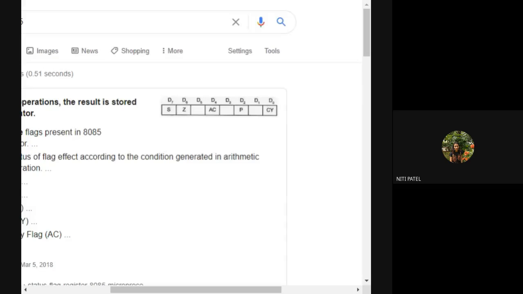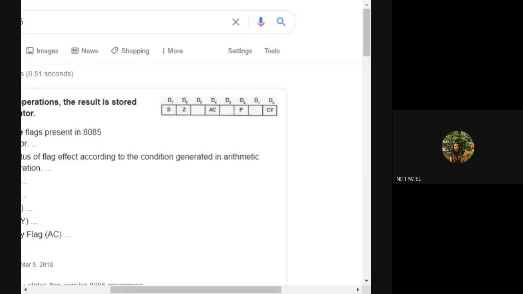Okay. Now last, can you see CY carry? Now what is that carry? If there is a carry on the last bit of the entire result, then this flag will be set to 1. So for example, if I have a number 1000 plus 1000, will my final result generate a carry?